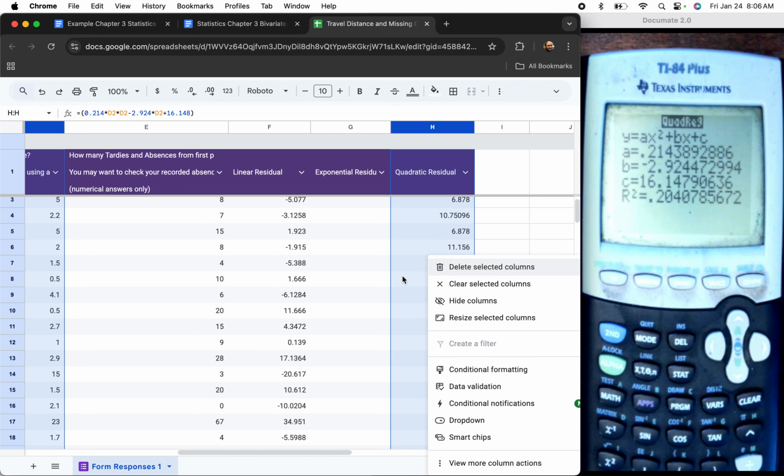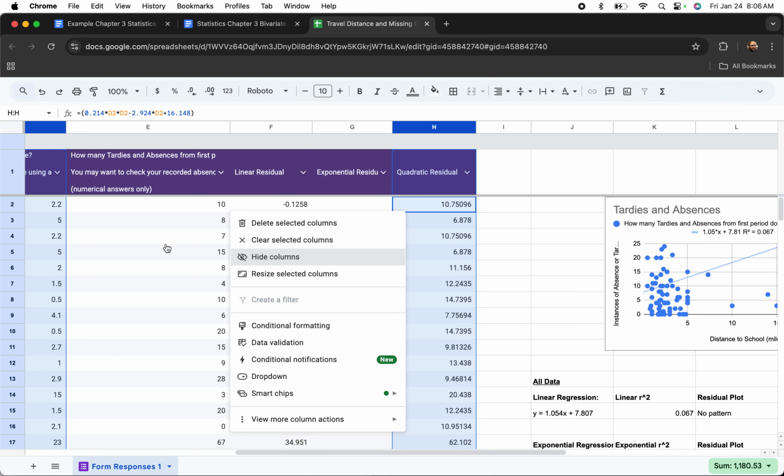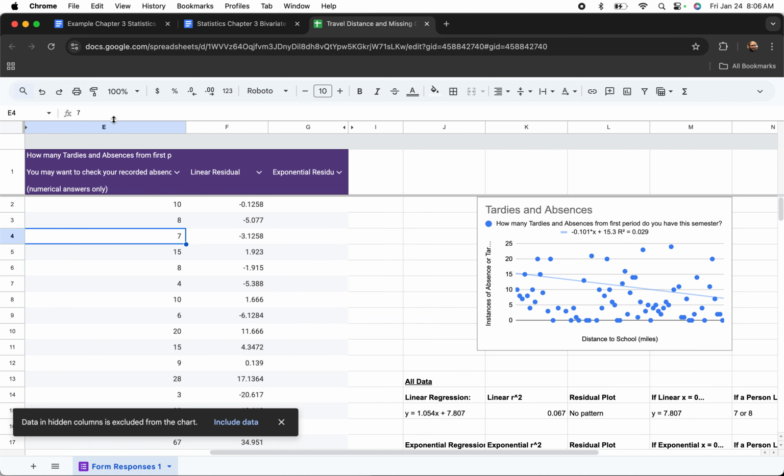Yeah, I'm going to have to hide my calculator for a second so I can get my... where did my top row go?